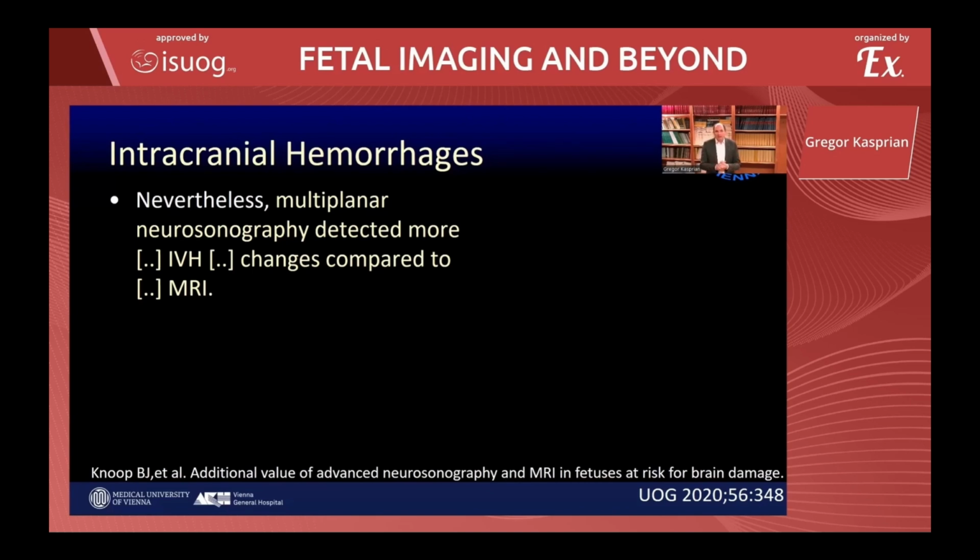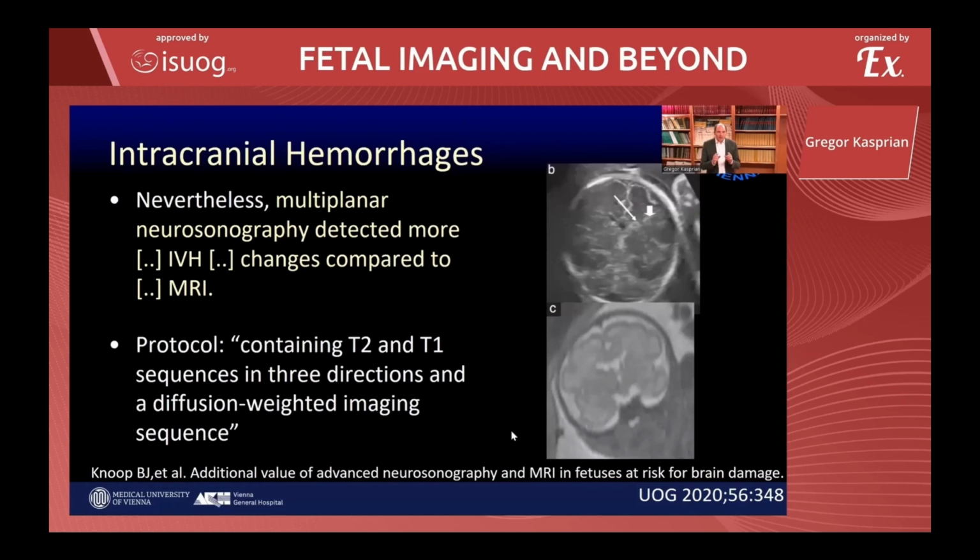It was published in Ultrasound in Obstetrics and Gynecology, and this is certainly a reference paper. If you look into the paper, you will realize that they used T2 and T1 weighted sequences in 3 directions and the diffusion weighted sequence. Here you can see one of the examples of that MRI image compared to an excellent quality ultrasound image.